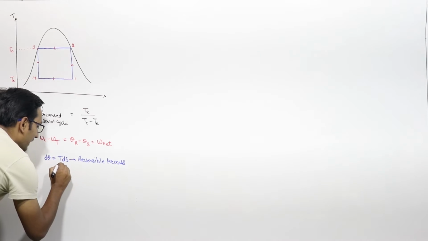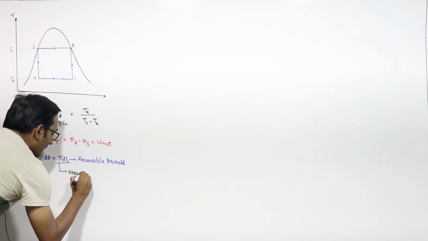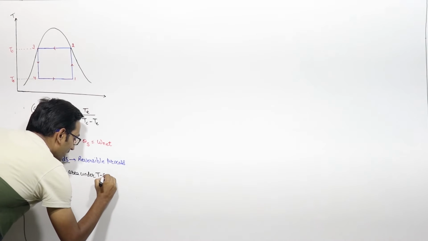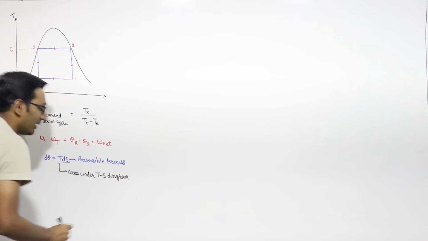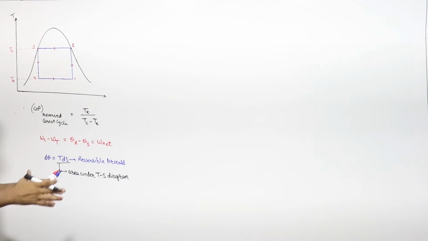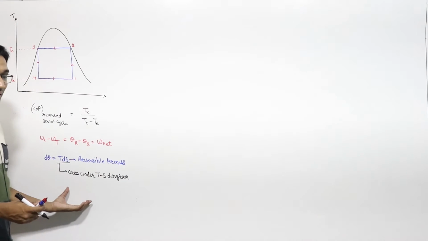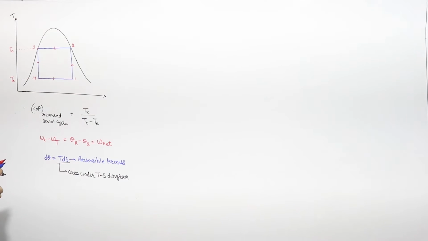It means that TdS is the area under the temperature entropy diagram when it is projected on the entropy axis. The area will give you the net heat transfer in that process.